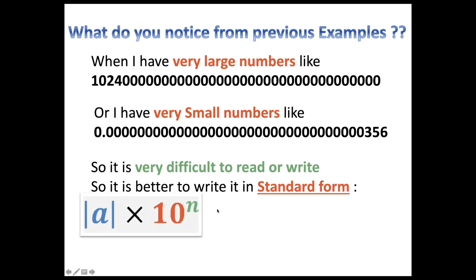I can do that by putting the number in this form, as you see in the slide: the modulus of A times 10 to the power of n. Okay, look here.